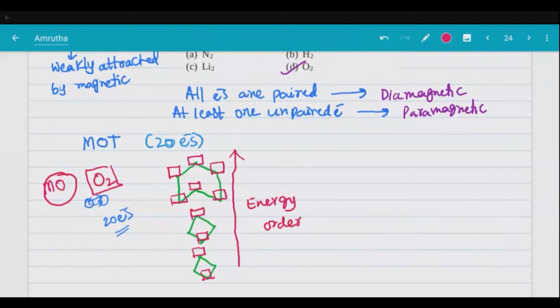So wherever a molecule is given, you fill electrons in this energy order. The lowest energy should be filled first: 1, 2, 3, 4, 5, 6, 7, 8, 9, 10.